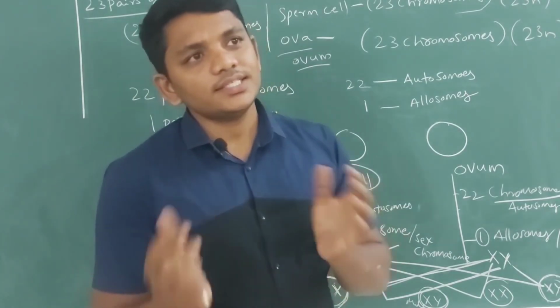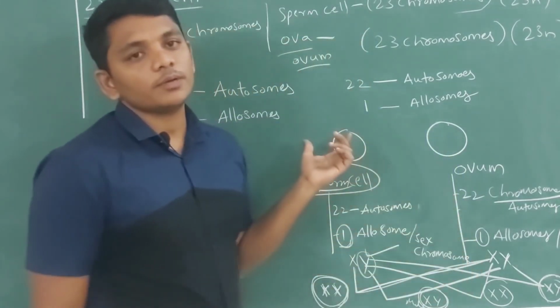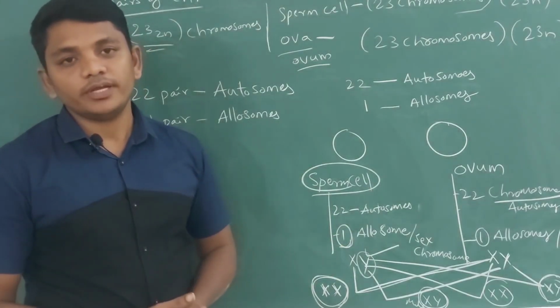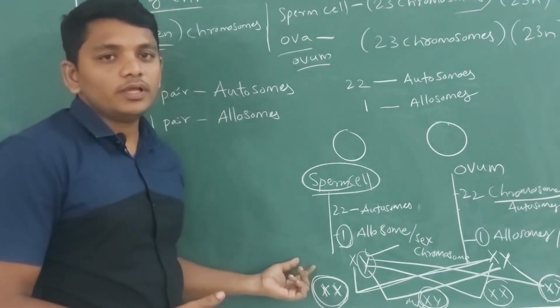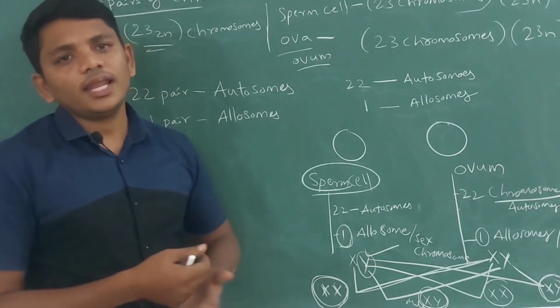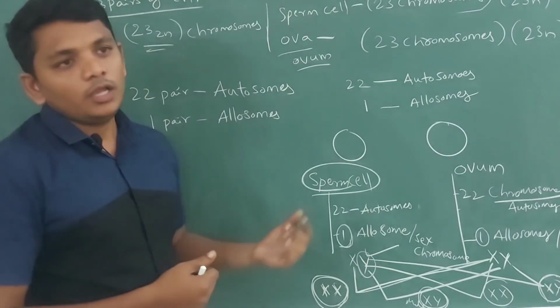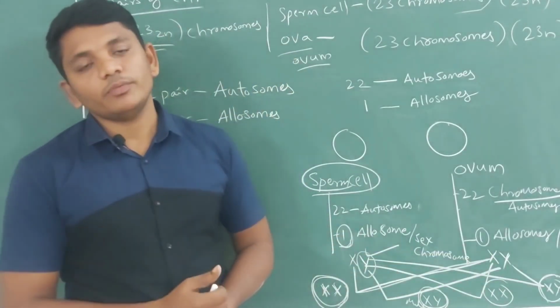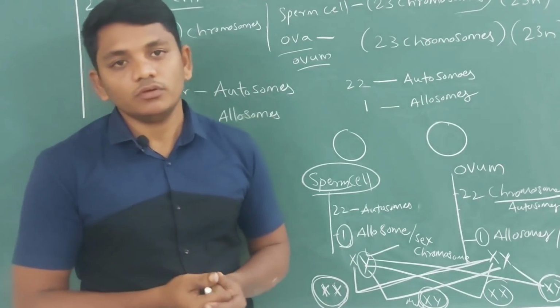In sex determination, chromosomes play a major role, in which the Y chromosome is very actively participating. If the Y chromosome combines with the X chromosome, then XY will form and a male baby will form. If the X chromosome combines with the X chromosome, then XX, a female baby will form.